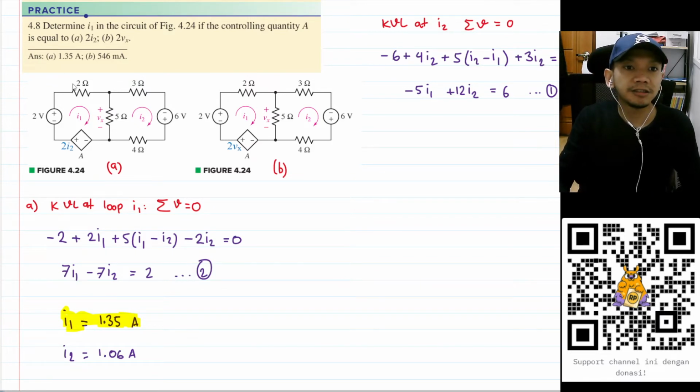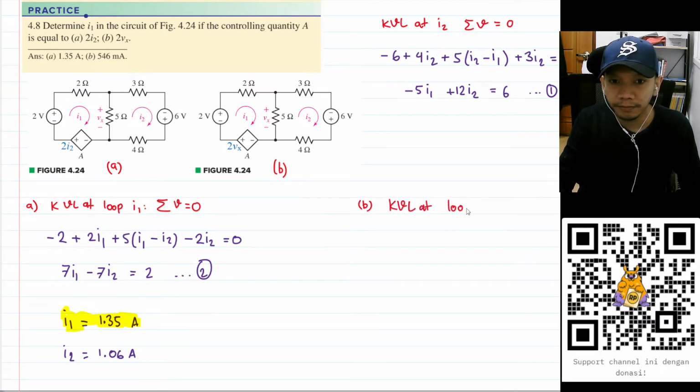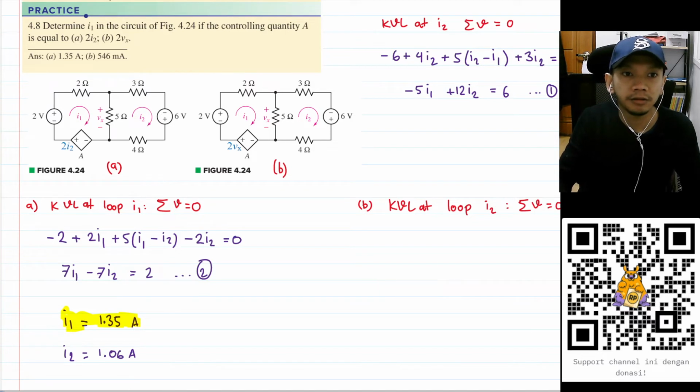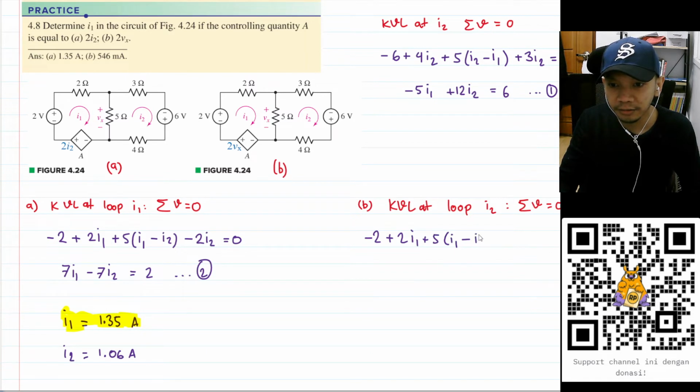Okay, now let's move on to problem B. So we will have this similarly. Let's do KVL at loop I1, but for problem B, and that is the sum of the voltage in a loop will equal 0. So this one, we will start with -2, and then plus 2I1, and then plus 5I1, but I2 is flowing in the opposite direction.